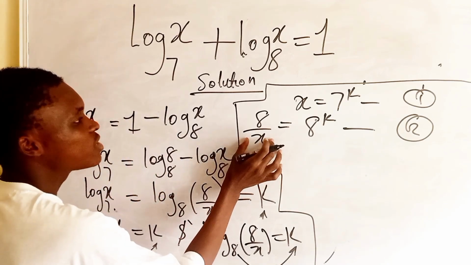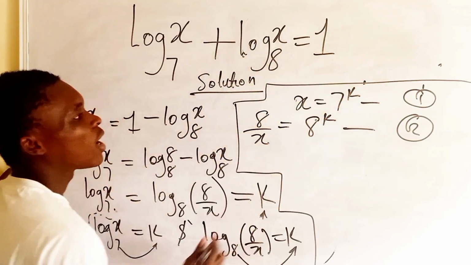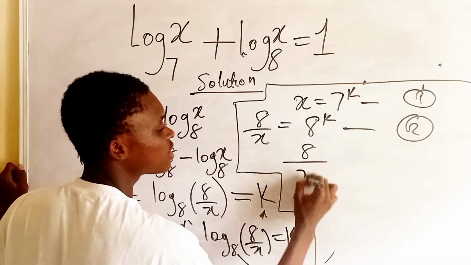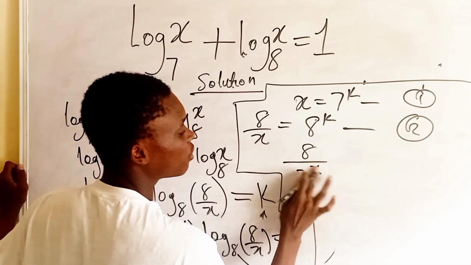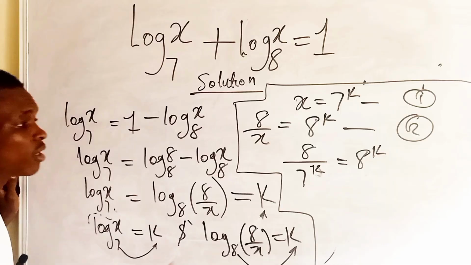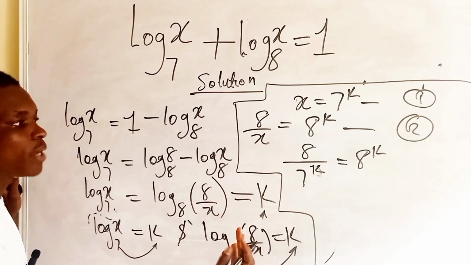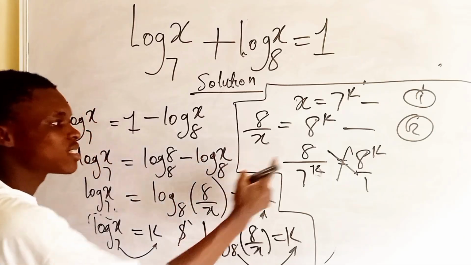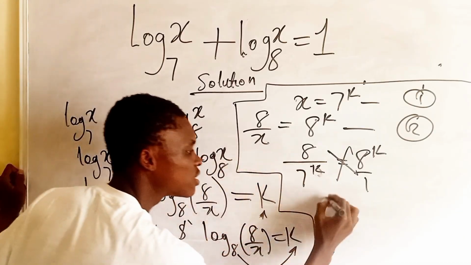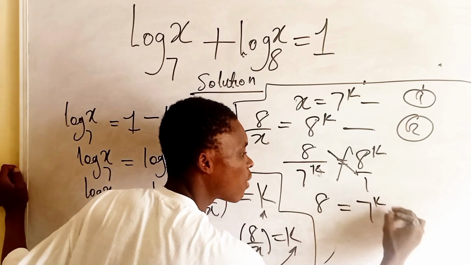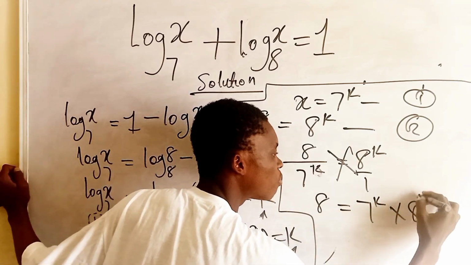Let's substitute. Wherever we see x here, we put 7 raised to power k. So this becomes 8 all over 7 raised to power k equals 8 raised to the power of k. From here, what next? We cross multiply. If we cross multiply, we find that 8 times 1 still gives us 8 equals 7 to power k times 8 to power k.